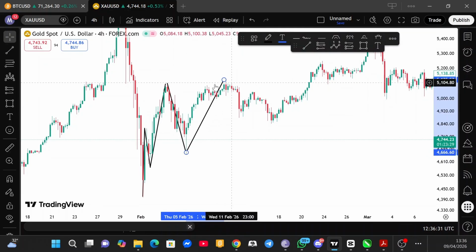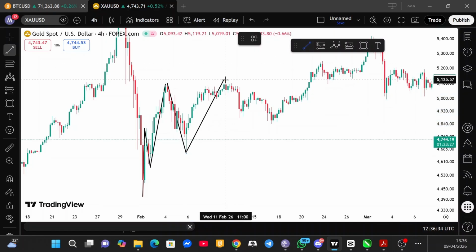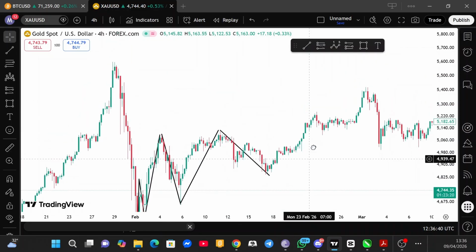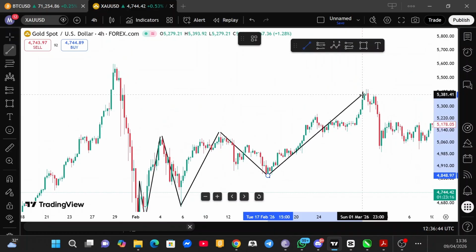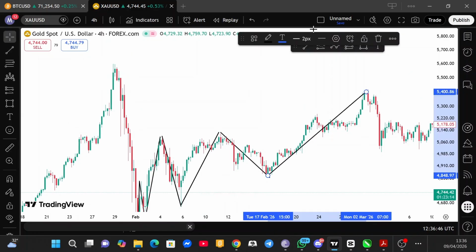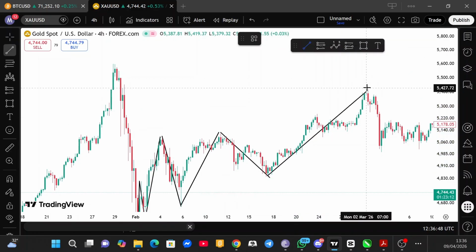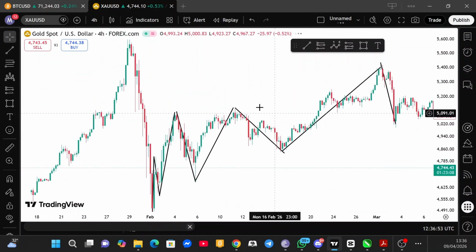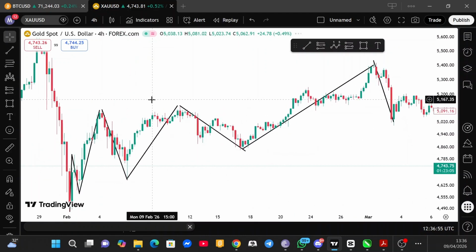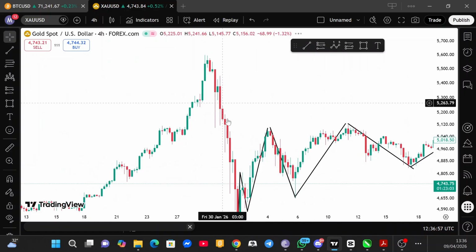Higher highs. See that. Low to this point. So this is a clear bullish market. Now this is a clear bearish market.